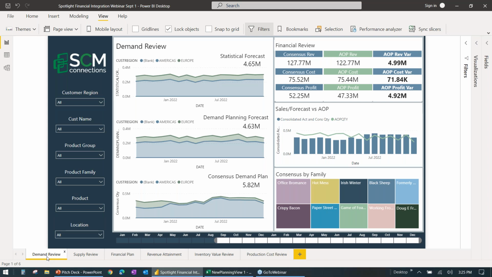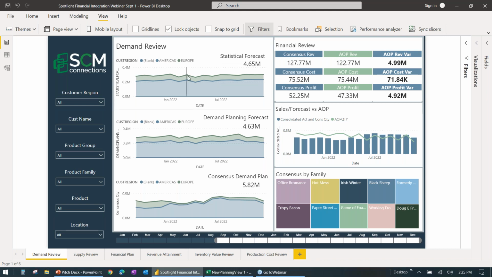Okay, so the first thing I'm going to focus on today is the demand review, and this is fairly simple, fairly straightforward, right? Most supply chain folks would get what this looks like. In terms of demand, we can review the various inputs for your organization and present those in a consolidated way.